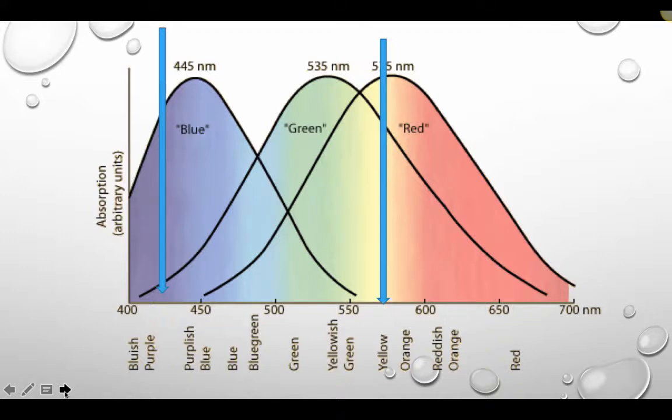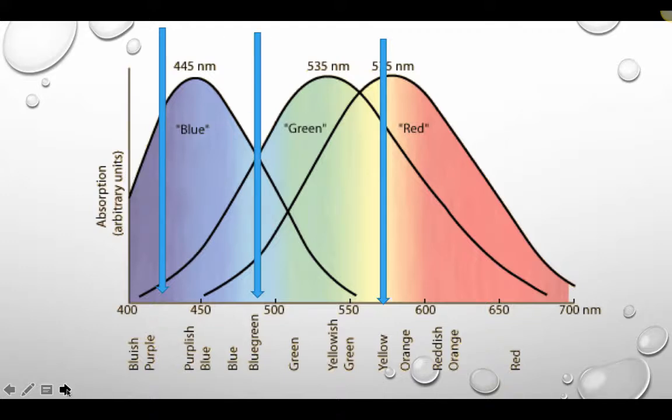Now, what if a wavelength came in and it was a very short wavelength? Let's say 425 nanometers. The blue cones would be firing at a very rapid rate, but also the green cones would be firing at a minimum rate. We would perceive this to be violet or purplish in color.